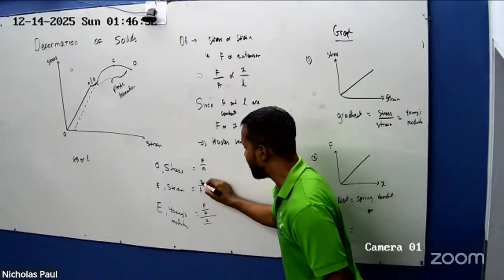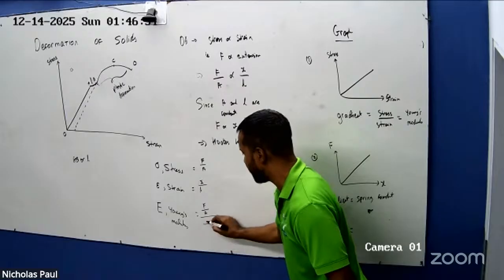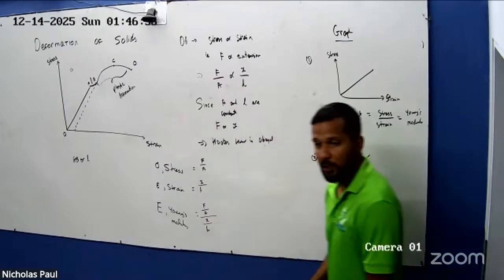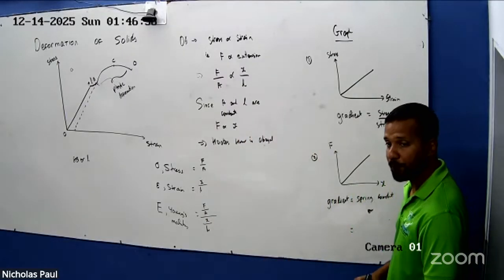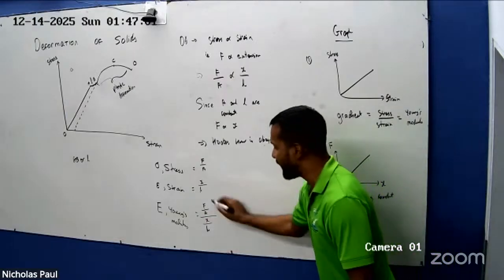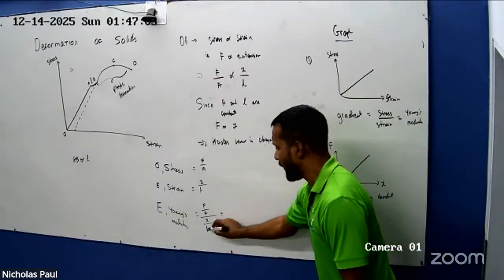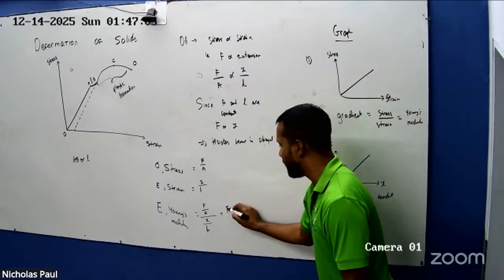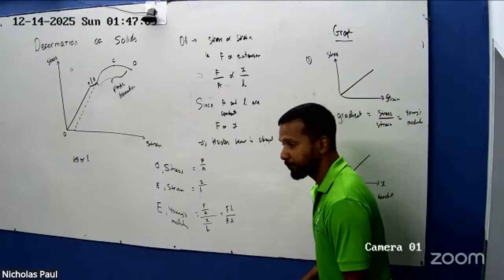I'm using x for extension. What would this simplify to? The L will flip up, x will go there: FL over AX.